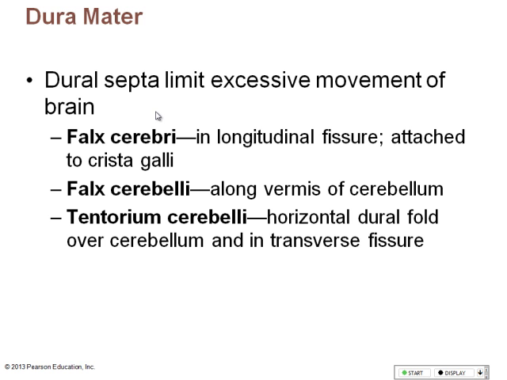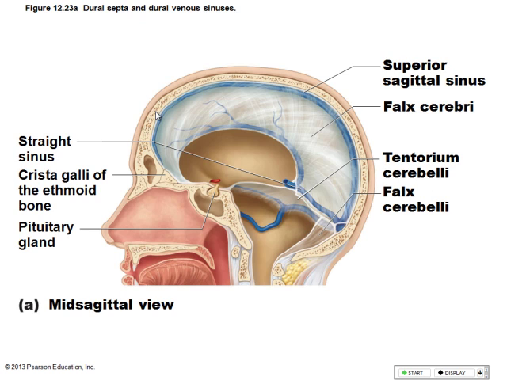Limits excessive movement by flowing into those fissures, and these are some of the areas where you see the dura mater flow down into some of the major fissures, like the longitudinal, for example, along the vermis of the cerebellum, and then in a horizontal fold over the cerebellum in that transverse fissure that separates the cerebrum from the cerebellum. So these are just thick areas of the dura mater.